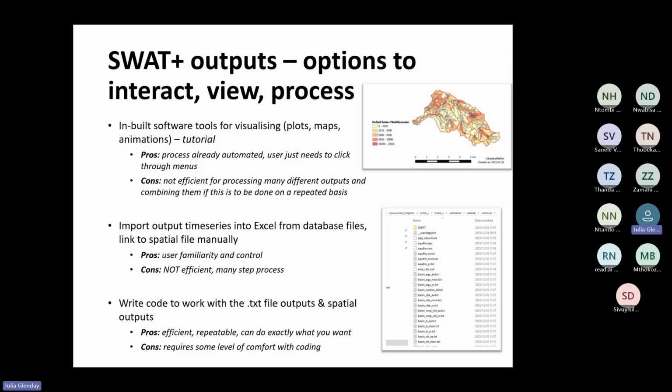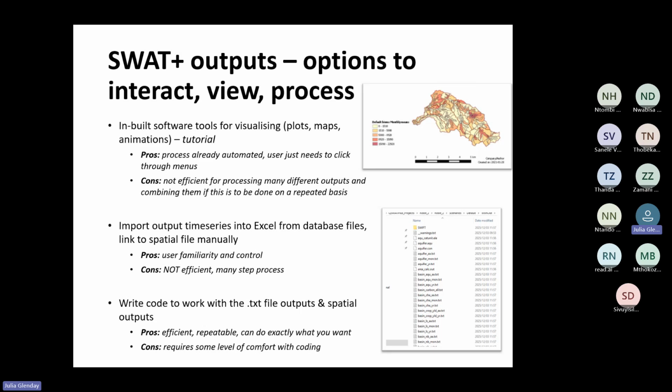The way that I work with the model outputs is to actually write code that grabs the different text file outputs from that text in out folder that we want to analyze, and also grab the shape files that you want, and then you can make whatever graphs or maps through coded instructions.